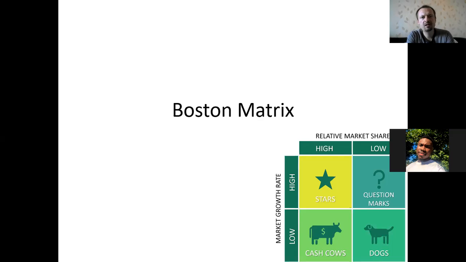I have found several sources of information where it was written that the authors provided this matrix for other activities, for other purposes. But generally, I wouldn't say that something is wrong, something is correct. It's not my objective. We will discuss the traditional objective of this matrix.